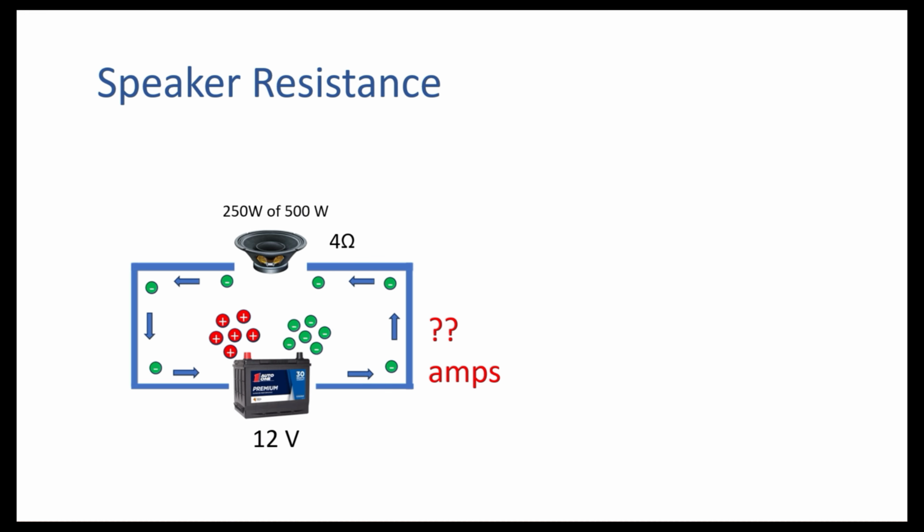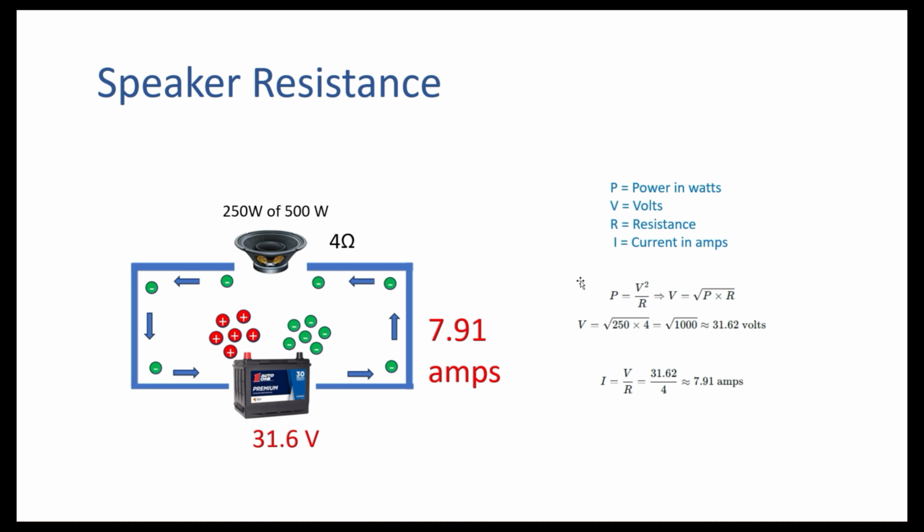The way to work this out is we use this formula here, that we take the power in watts and work out how many volts we need to supply this. So power equals volts squared divided by resistance, which means volts is the square root of power times resistance, and that tells us that we need 31.62 volts.